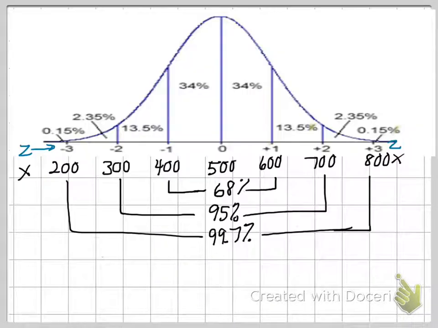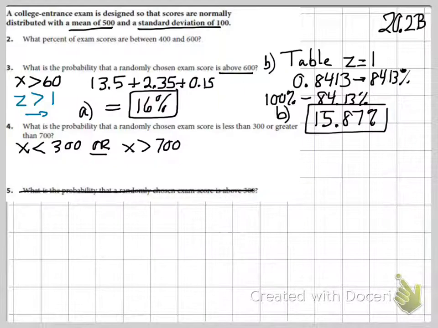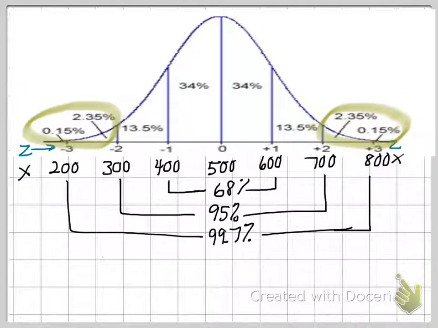Let's go to the next page and look at our z values. Notice I put in these other percents on the bottom. Those are also percents that you kind of need to know in order to do this, but you could get it just from the top. So we're looking at things that are greater than 700. That's out here in this area. We're talking about the numbers that are less than 300. One way to look at that is z values, looking at the z's.